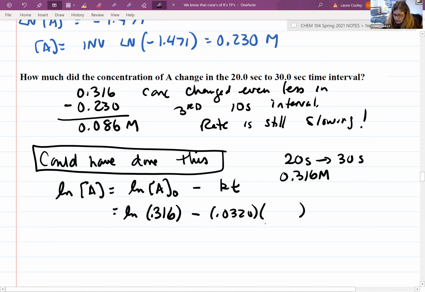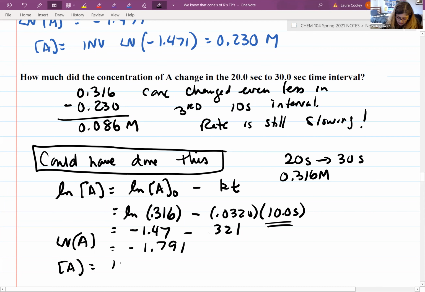What would I put as the time here? Okay, so in other words, I could say, let's start talking about this at 20 seconds. That's going to be my new zero. And now 10 seconds later, if I take the log of 0.316, it's minus 1.15. And then I subtract this. That's 0.321, okay? So 1.15 and 0.321, this is minus 1.471.